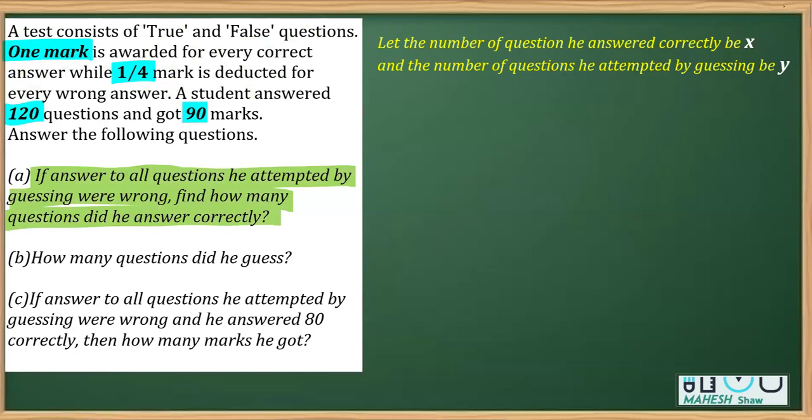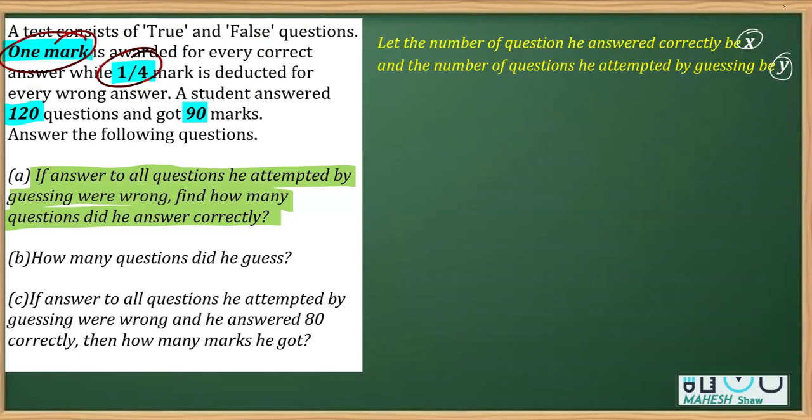So let's say I have taken the number of questions answered correctly as X and the number of questions he attempted by guessing as Y. 1 mark is given for correct and 1/4 mark is deducted for answering incorrectly. So we can frame an equation.